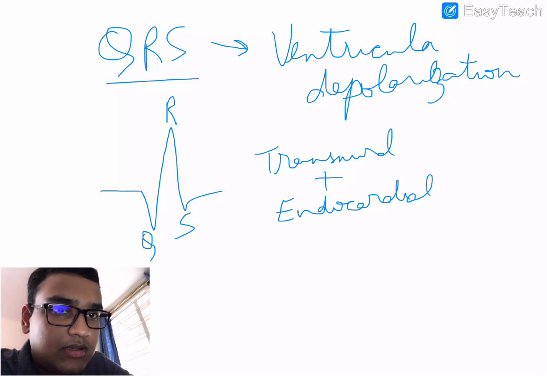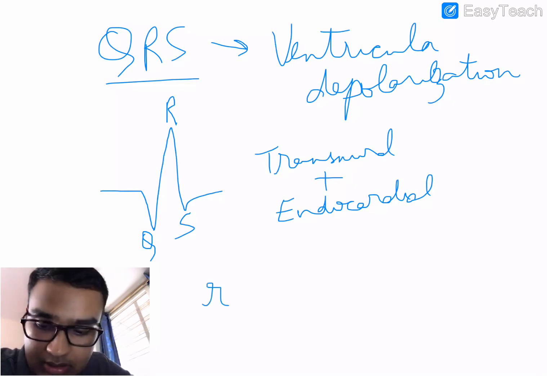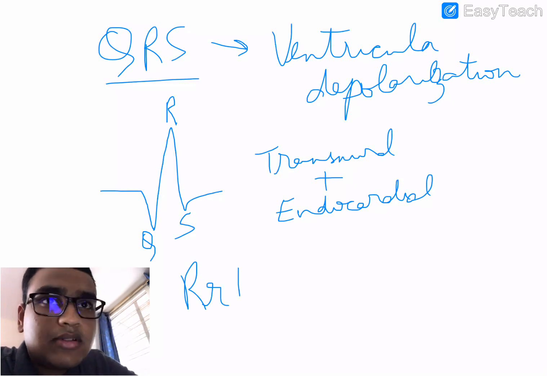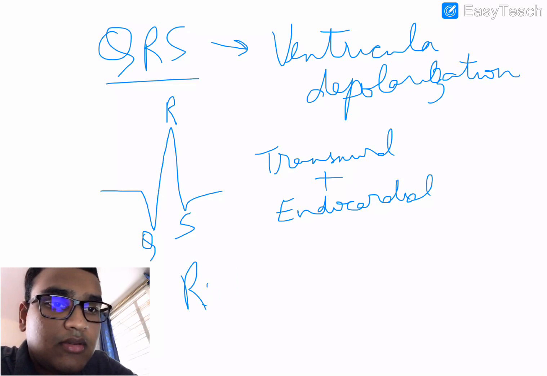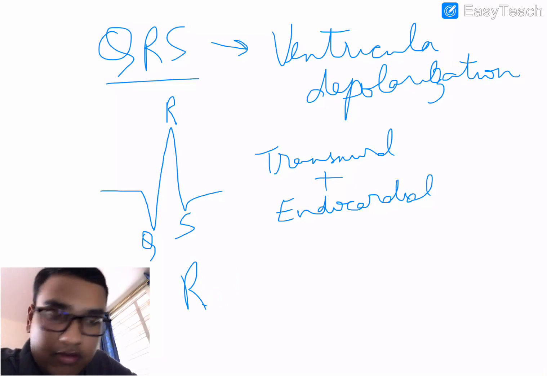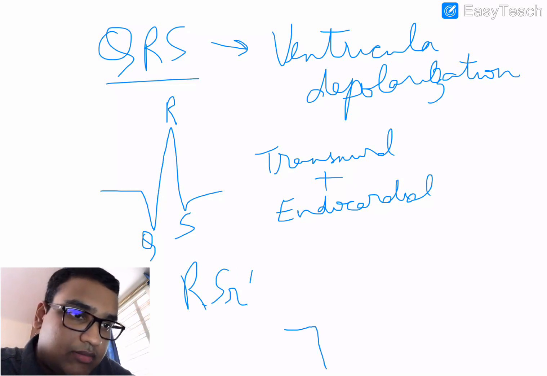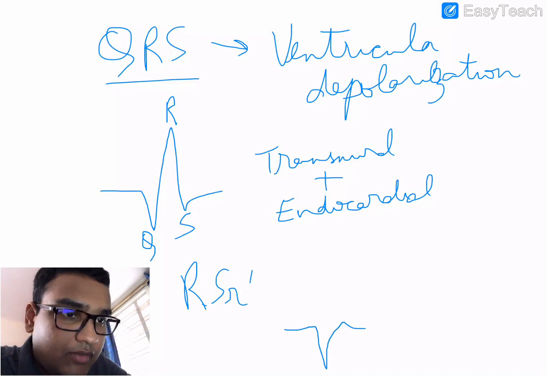So for example, this is a QRS complex, which is normal. If we talk about the RSR pattern, initially there's an R and then SR. So this would be an RSR pattern.